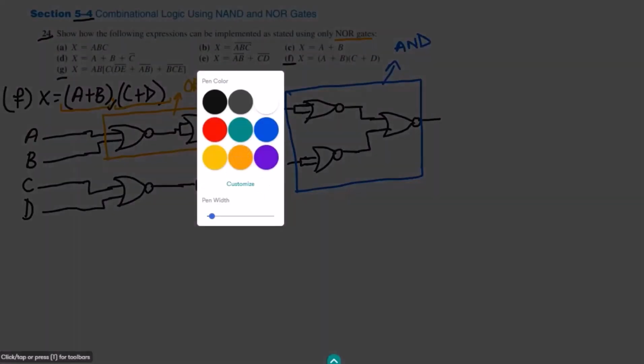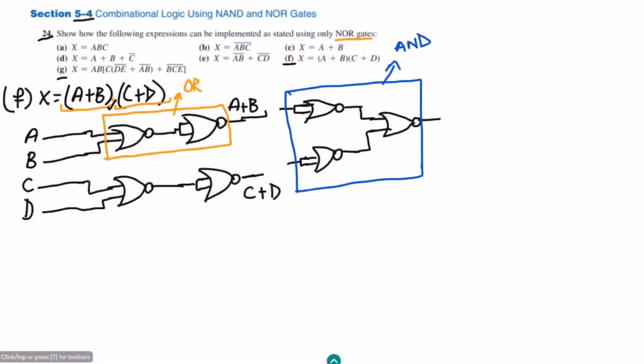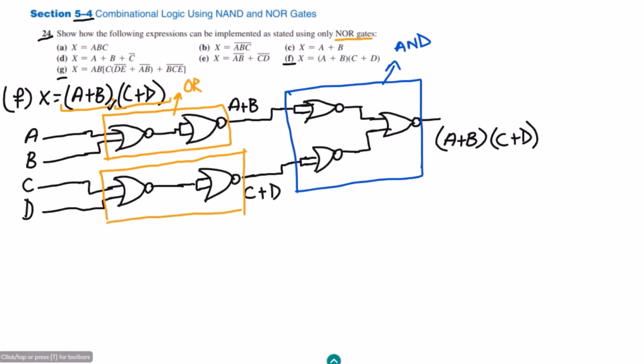So let me apply my inputs here. The first input here will be this one, the second will be this one, and at the output of it, I will get A plus B multiplied by C plus D. So that is the output of my question, and we have seen that these are implemented by using the NOR gates, which are implemented here as well. So that is the solution of part F.